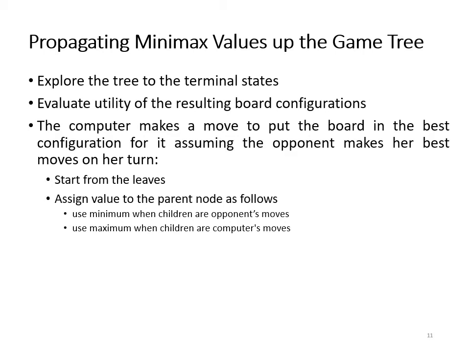Here the utilities are already given. If these are not given, then first of all you have to evaluate the utility. The computer makes a move to put the board in the best configuration for it, assuming the opponent makes the best move on their turn. Start from the leaves. Assign a value to the parent node as follows: use minimum when the children are opponent moves and use maximum when the children are computer moves.